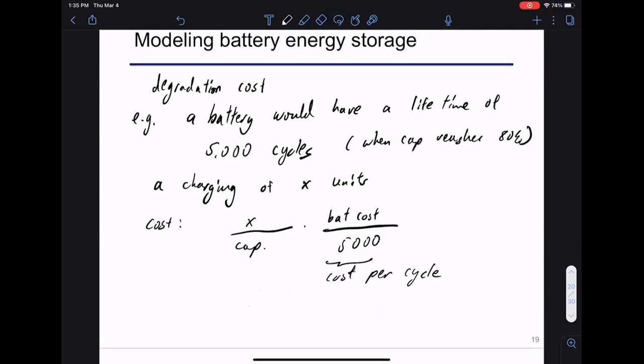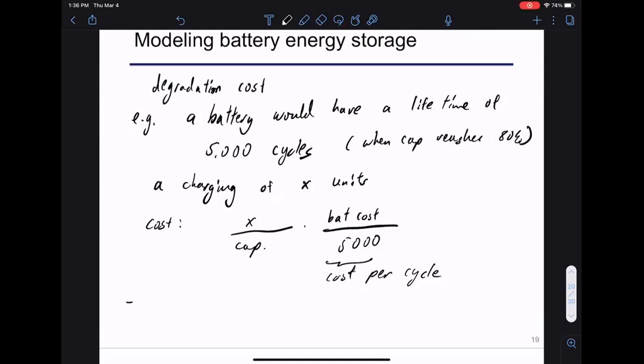So this is an easy way to account for capacity degradation. And all this information is available when you buy a battery. You know the cost of the battery. All batteries now will tell you how many cycles they can undergo. Then you can figure out how much is the cost for one action you take. Okay, and this is not very accurate or very realistic, because in actual practice, the cost is not linear with respect to cycle depths.